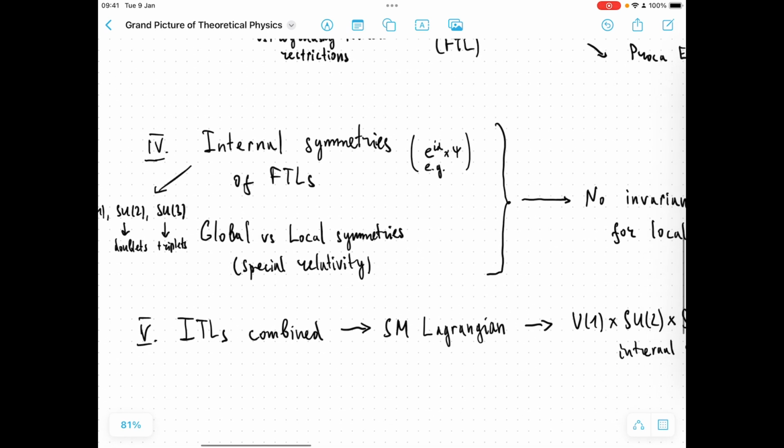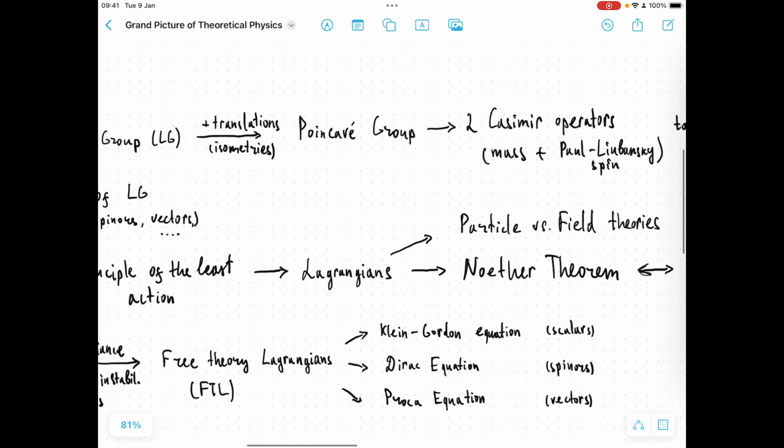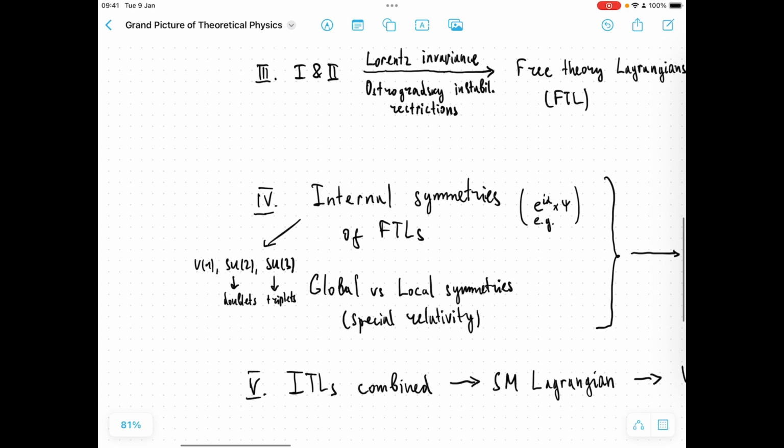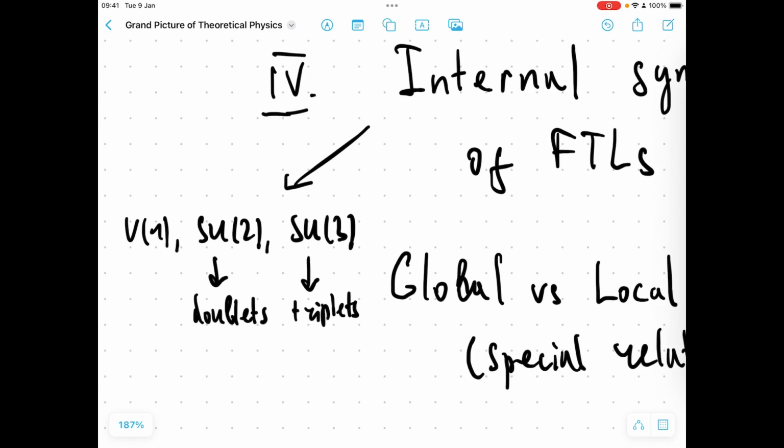And after that, we can also come up with internal symmetries of these free theory Lagrangians. So we can notice that there is some kind of redundancy in these Lagrangians mathematically, which is kind of symmetric, I may say. So I marked it by U1, SU2, and SU3 groups here.